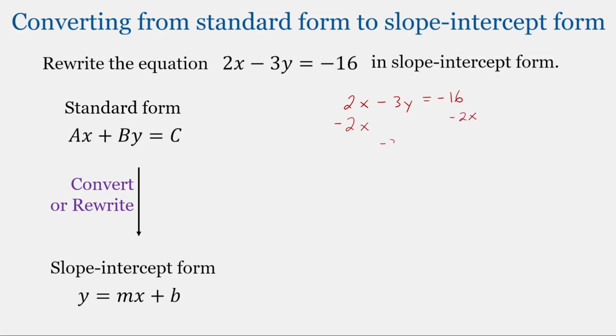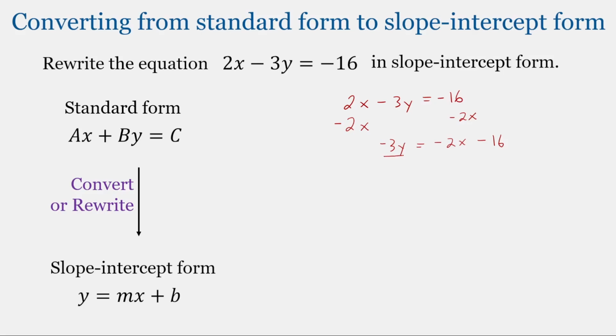We now have negative 3y equal to negative 2x minus 16. So nothing is added or subtracted to y, but we have a coefficient of negative 3. We have negative 3 times y. So let's convert this negative 3 to a coefficient of 1.